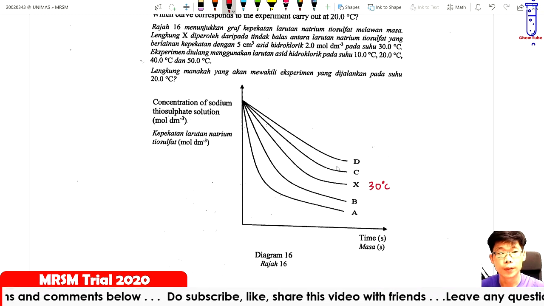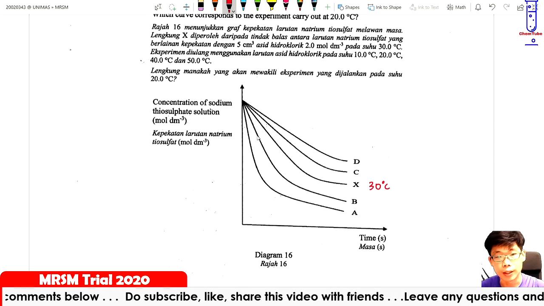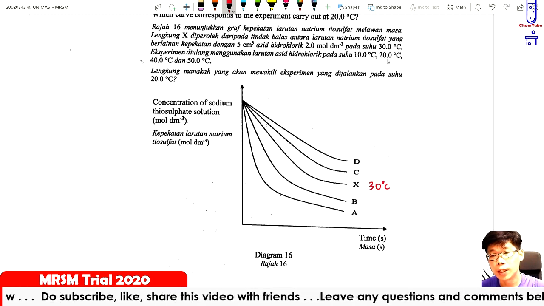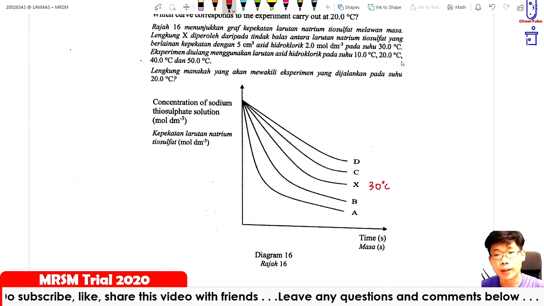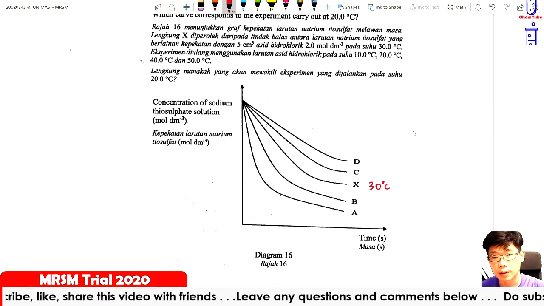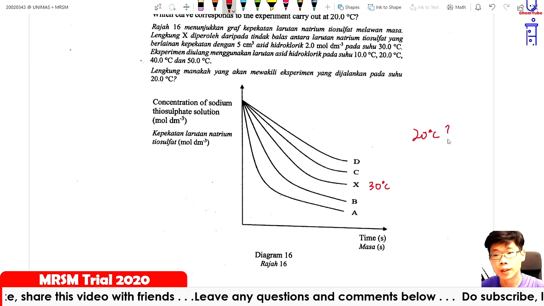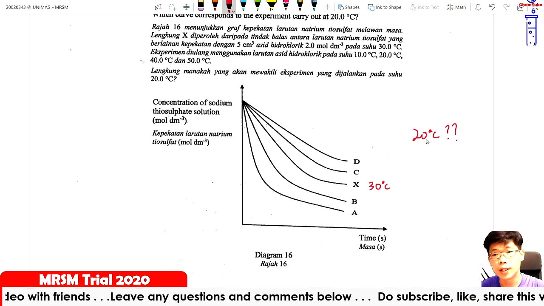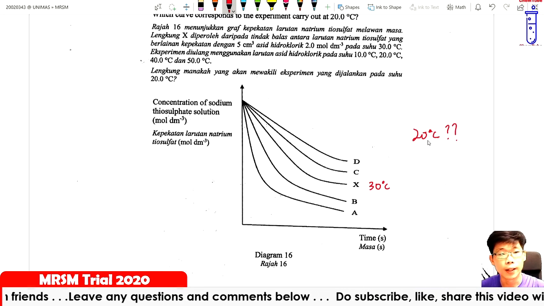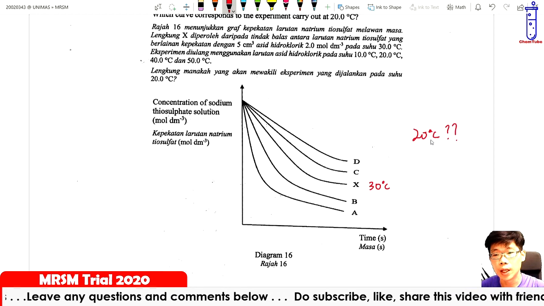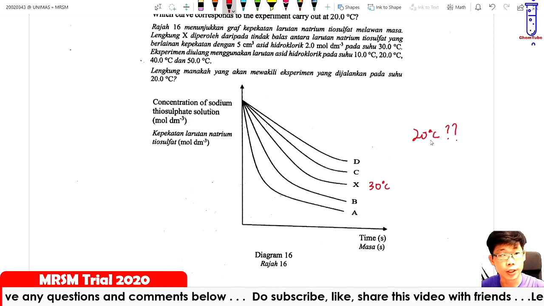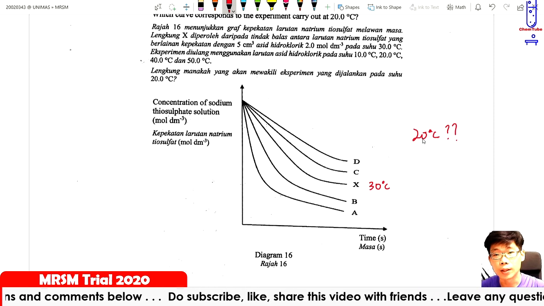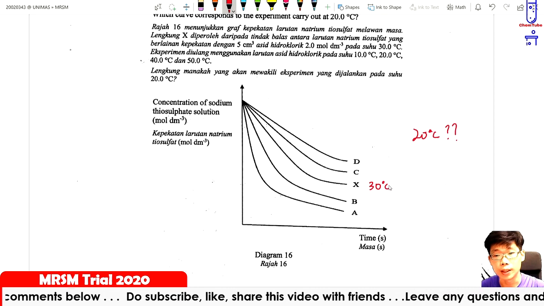So you will get the concentration decreasing with time. Then if the temperature now is 20 degrees Celsius, how does the concentration change? At 20 degrees Celsius, the reaction would be at a lower rate of reaction, so the concentration will decrease slower compared to 30 degrees Celsius.